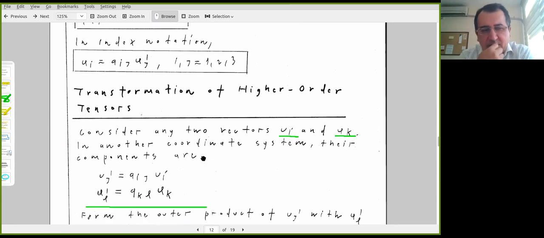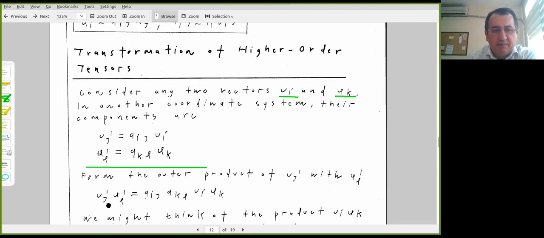And consider outer multiplication of these first order vectors. Let's multiply that, and you get uj prime times vl prime. This is equivalent to aij akl ui vk.